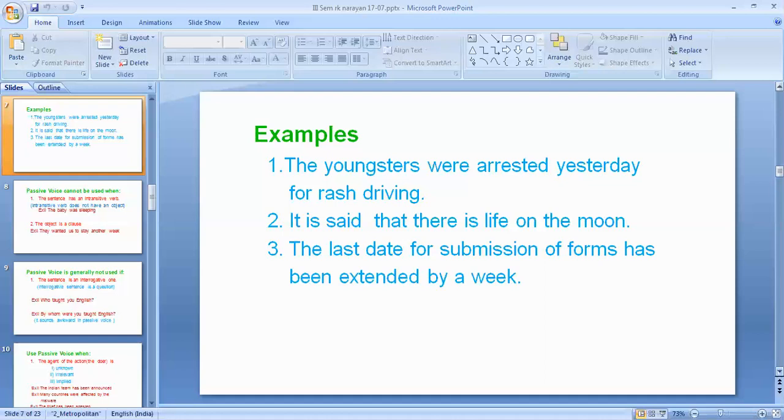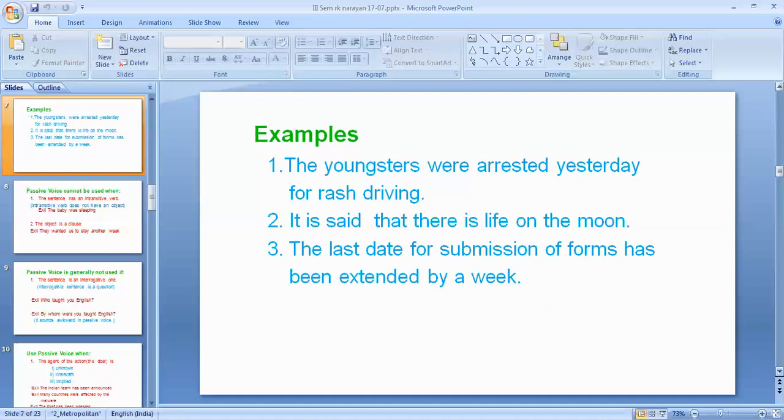Who did it? This action is done by somebody, but that is irrelevant. The authorities, the board, somebody in a responsible position in that context might have extended it, but they are not important here. The important thing is the last date of submission.